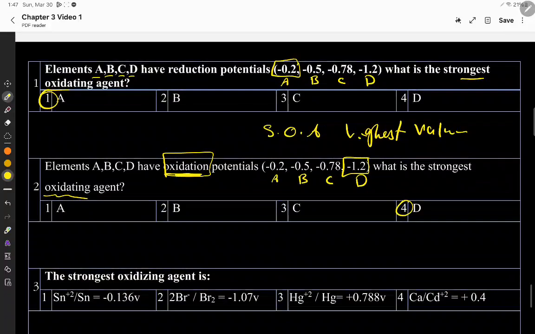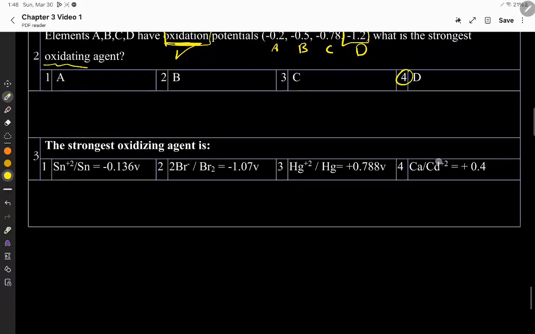Now let's look at these questions. If it tells you reduction potential, we are going to choose the highest value. If the question asks us about the oxidation potential, we are going to choose the least value.